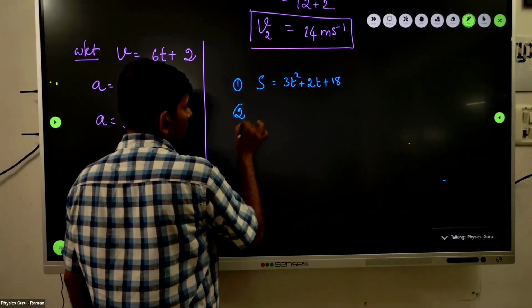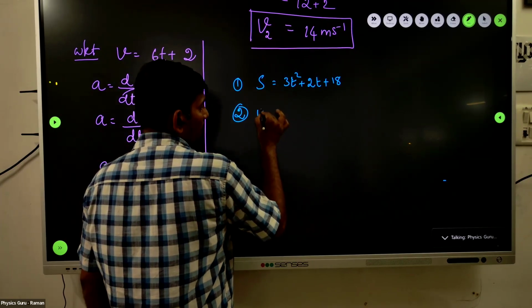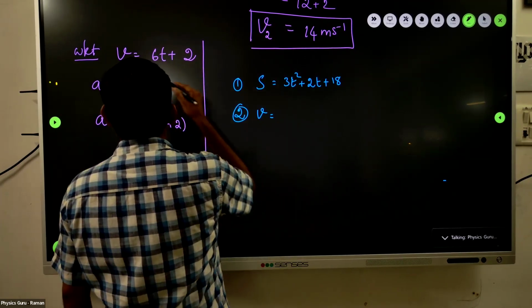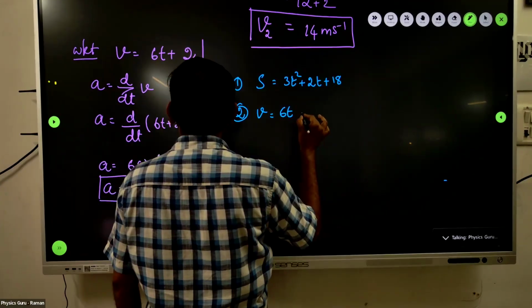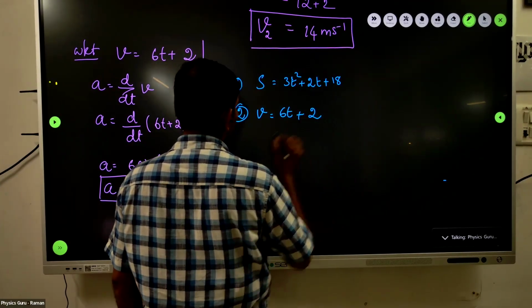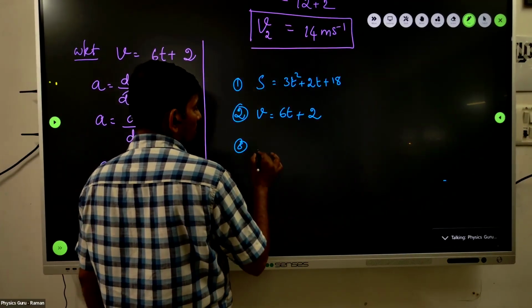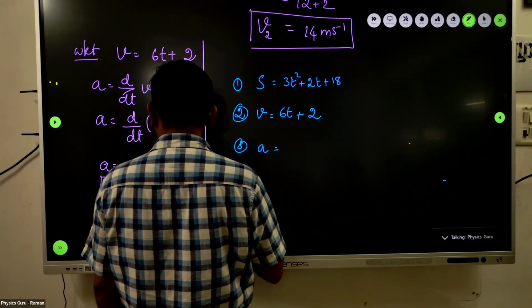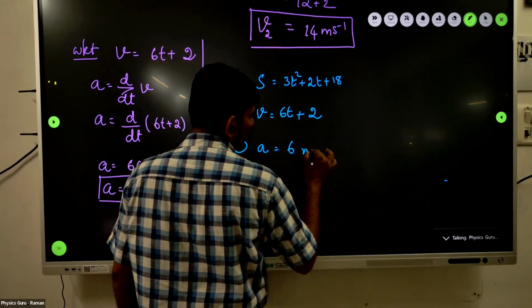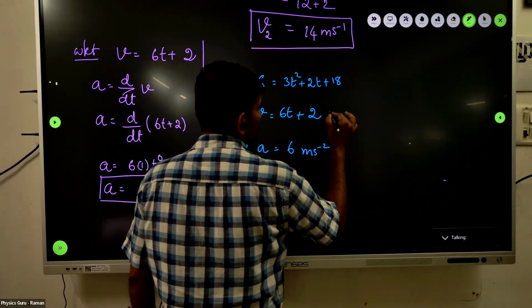The second formula that we learned, the velocity equation: 6t plus 2. And the third, acceleration, no matter what, is a fixed value, 6 meter per second square.